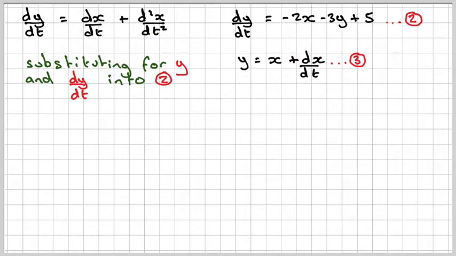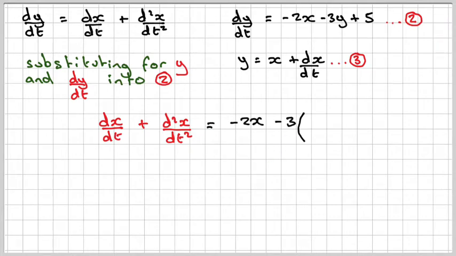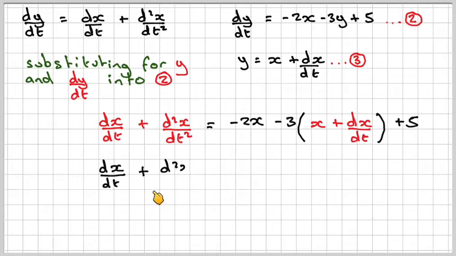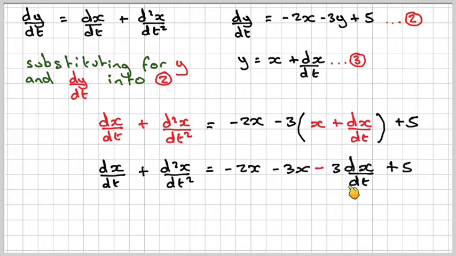So dy/dt becomes dx/dt plus the second derivative, and it will be equal to minus 2x minus 3 times my value of y, which is x plus dx/dt, and then plus 5 on the end. Right, simplifying this, we get dx/dt plus the second derivative is equal to minus 2x minus 3x minus 3 dx/dt plus 5.